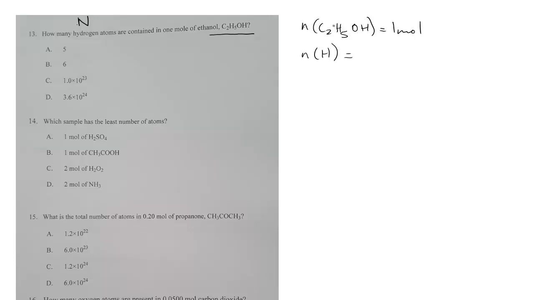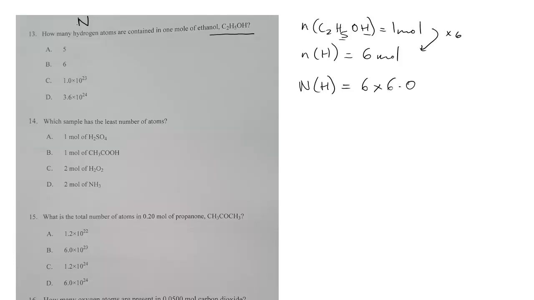In every molecule of ethanol, if you count them, there's 6 mole of hydrogen. And you're essentially taking that value and multiplying it by 6 to get the hydrogens. Now, your answer is not 6 because it's asking you how many. So that's capital NH. So you're multiplying 6 by Avogadro's constant.